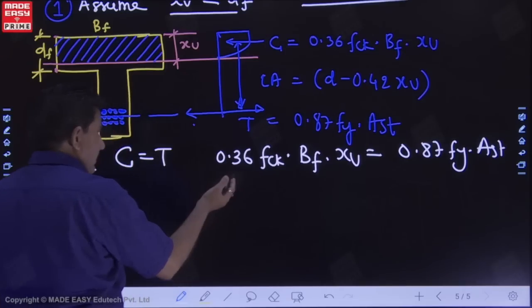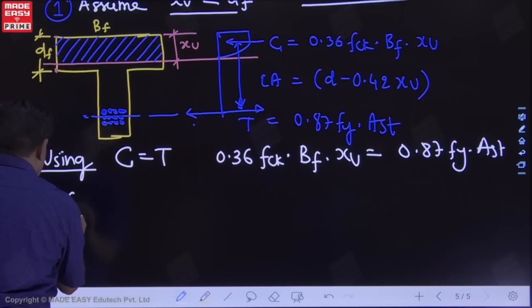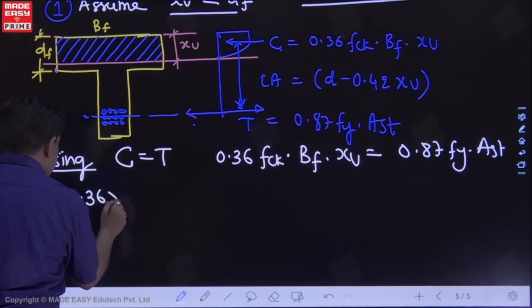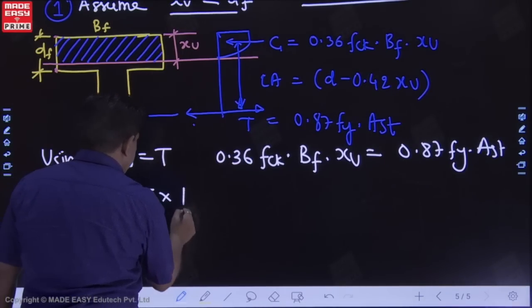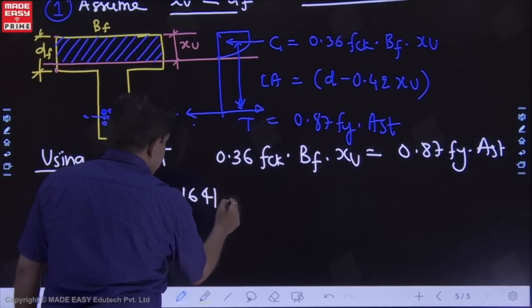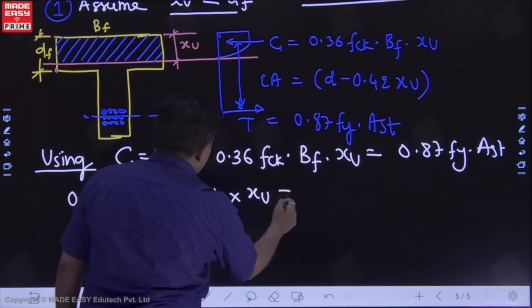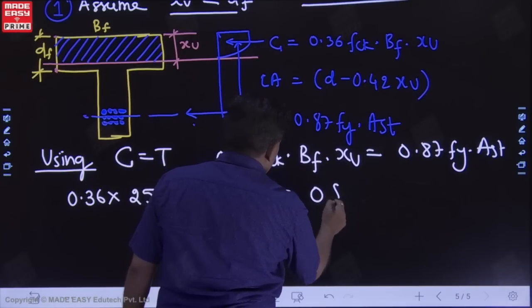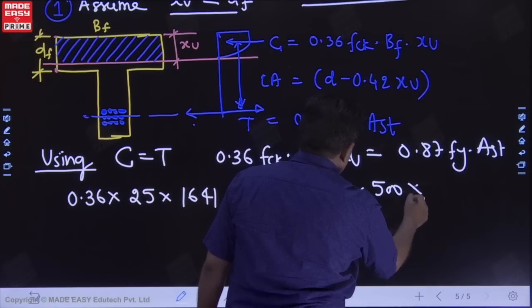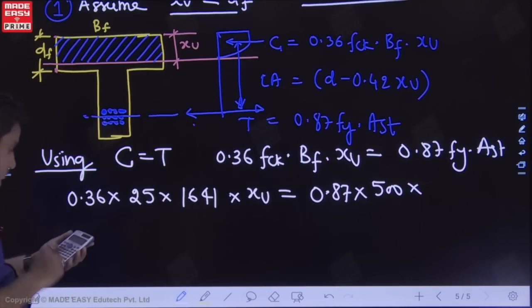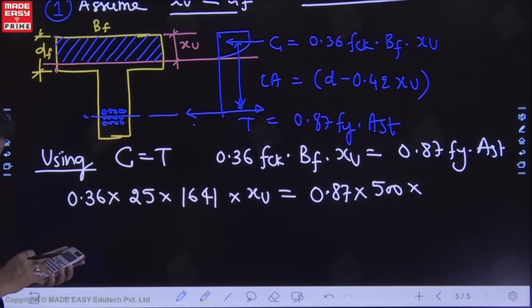So what will be the values? Put all the values here. 0.36 into fck, which is 25, into B effective, which is 1641, into Xu, and this is equal to 0.87 into fy, which is 500, and into area of steel, which is 12 numbers of 28 mm dia.